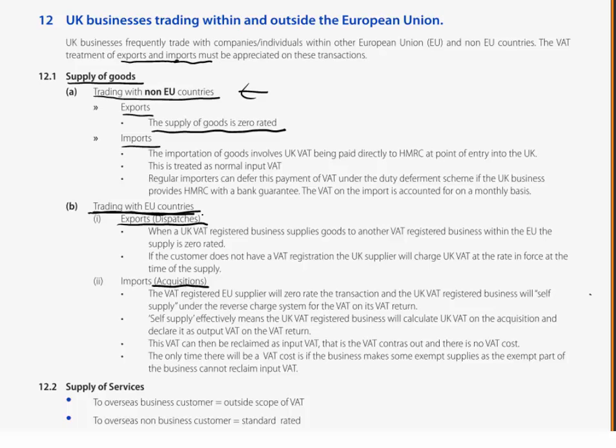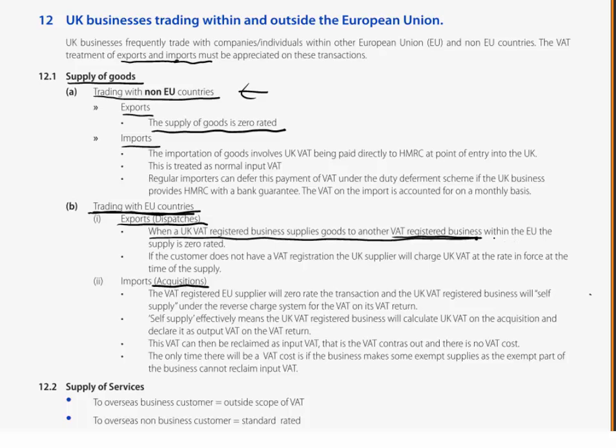The supply of goods was zero rated. Now, within the EU, we are distinguishing our customers between those that are VAT registered businesses within the EU and those that are not.